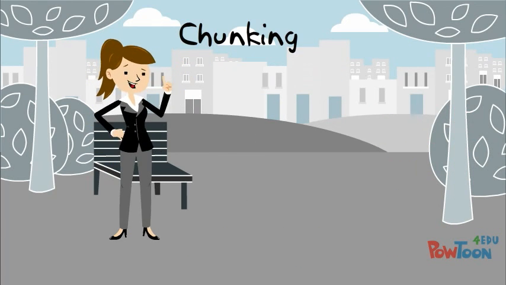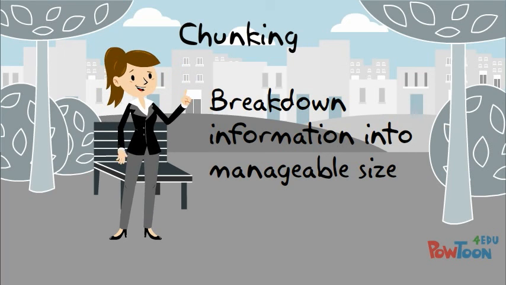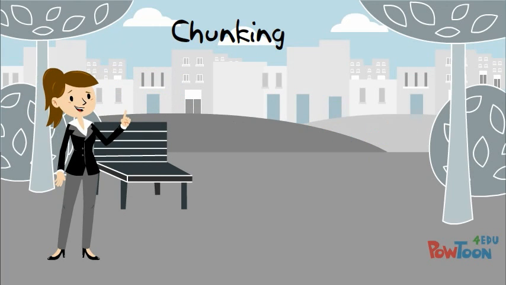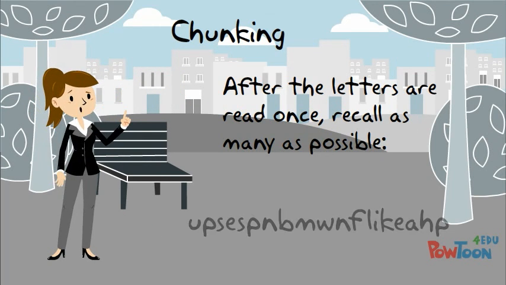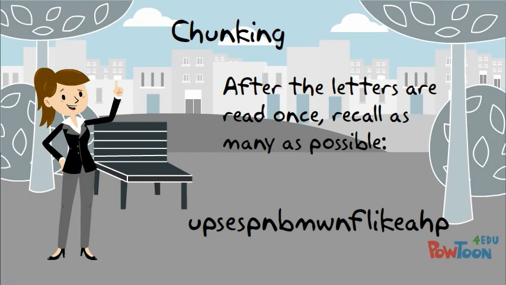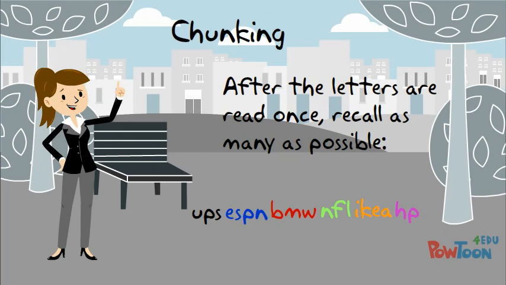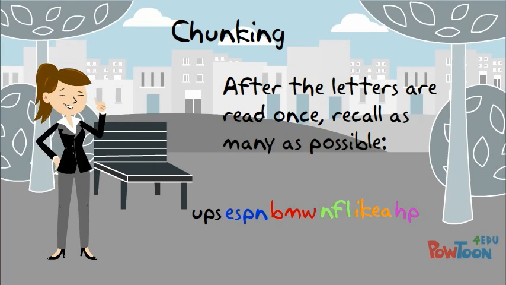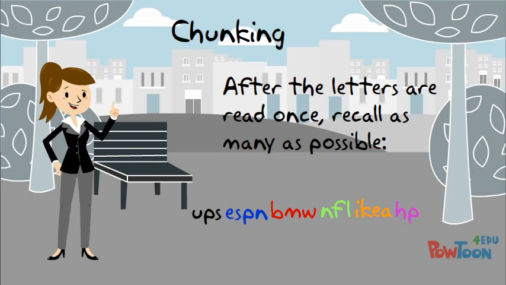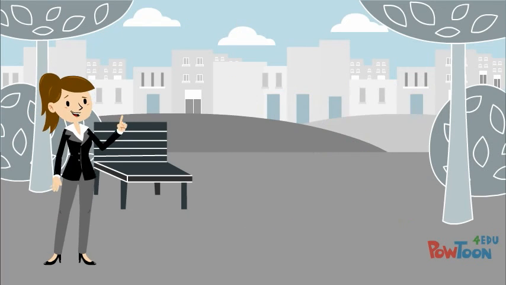Chunking is the process of breaking down large amounts of information into manageable parts to enlarge the capacity of short-term memory. For example, a learner is given a list of 19 letters, which exceeds short-term memory's capacity. The learner can chunk the letters into 6 pieces, which is easier to remember and fits within the short-term memory's capacity.